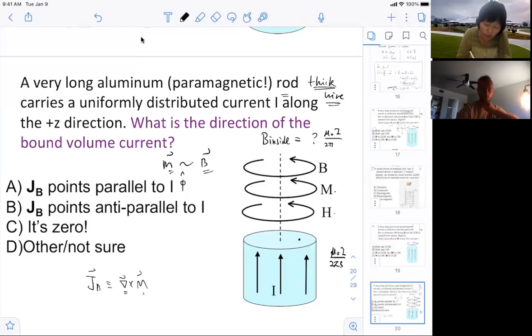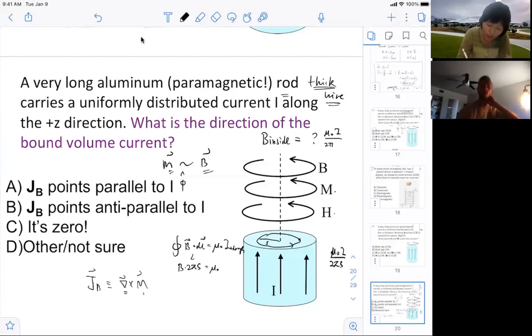We did Ampere's law, right? We choose to do an Ampere loop inside. And we say the integral of B dl is mu naught I through. And B dl is B times 2 pi S, right? This is S. And I through, what is I through?